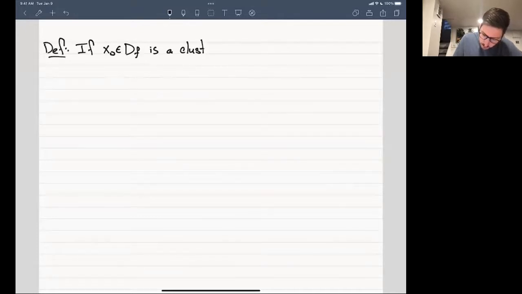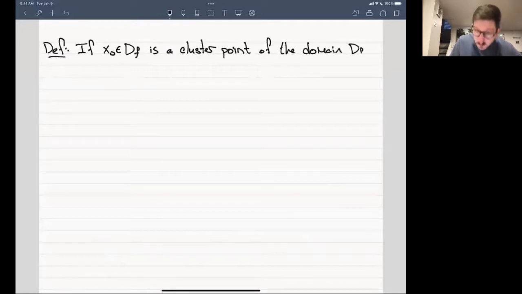Remember, cluster point means that we can get close to it without actually being at it. It's not an isolated point. So of the domain D sub f of a function f. So this is looking a lot like what we talked about with continuous functions.